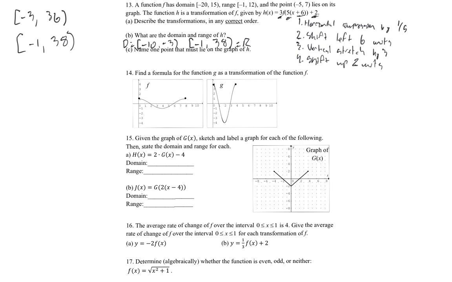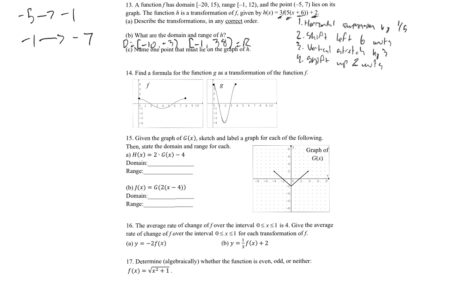Well, first let's do the horizontal compression by 1/5, so that would give us now 1/5 times -5, -1, right? Horizontal compression is 1/5, so -5, we get -1. Then we shift to the left by 6, which gives us -7. Okay, that's the x value.